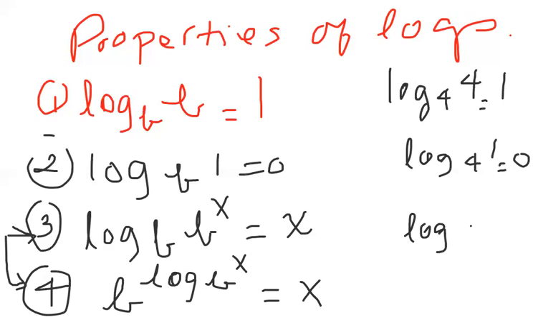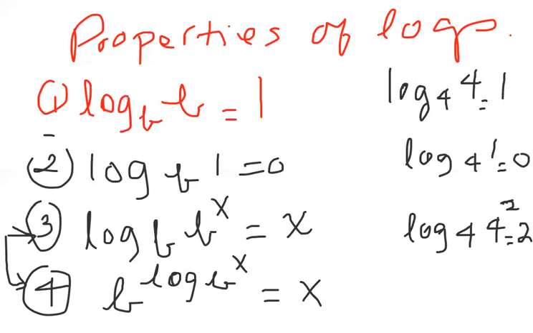If you have log base 4 of 4 to the second power, this would simplify to 2. Think about it, guys. 4 squared is 16. 4 to the what power gives you 16? 2. Just like that. So that's the first set of properties of logs, guys, the basic one.